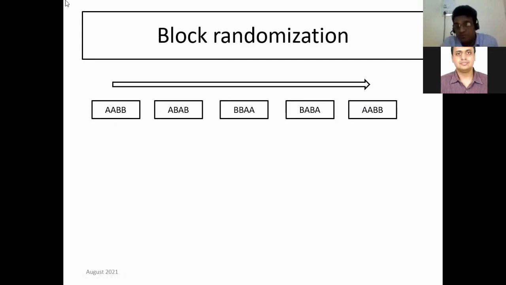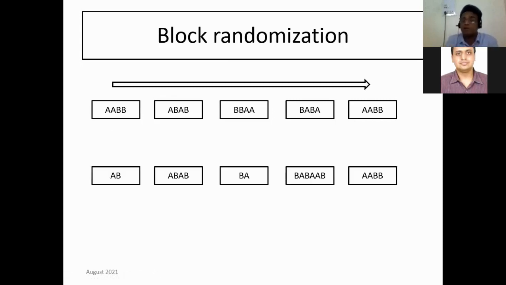With this kind of fixed block randomization, you already know in your mind that if somebody has received A, B, B, then at the end of 4, an equal number of A and an equal number of B will be received. This is good, but it also has some flaw.